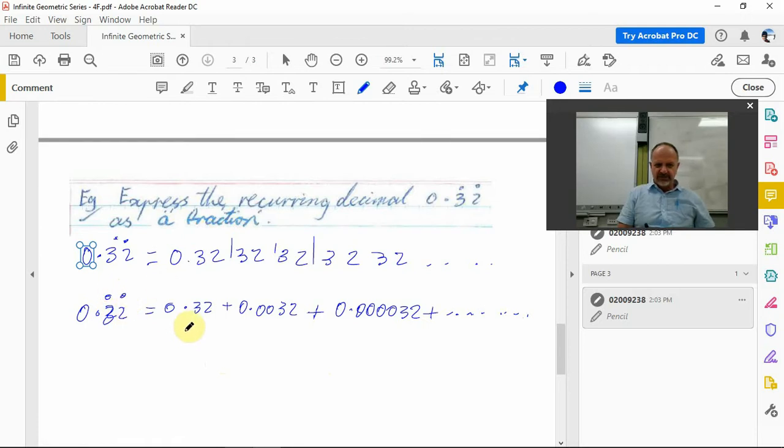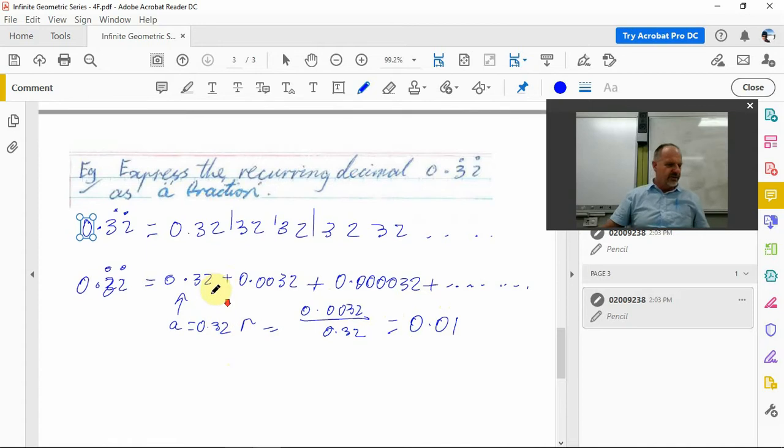Now, you can think of this as a geometric series, because if you take one term and divide it by the one in front, you'll get the ratio. Your first term, of course, is A, and your ratio is 0.0032 over 0.32, which is 0.01, and A is 0.32.